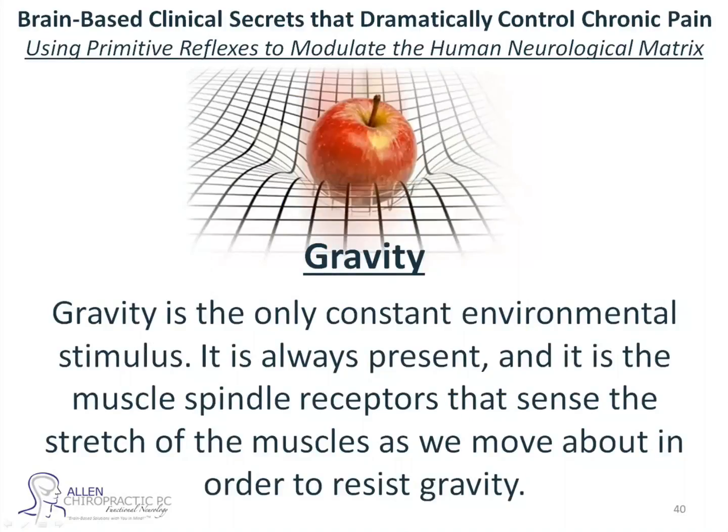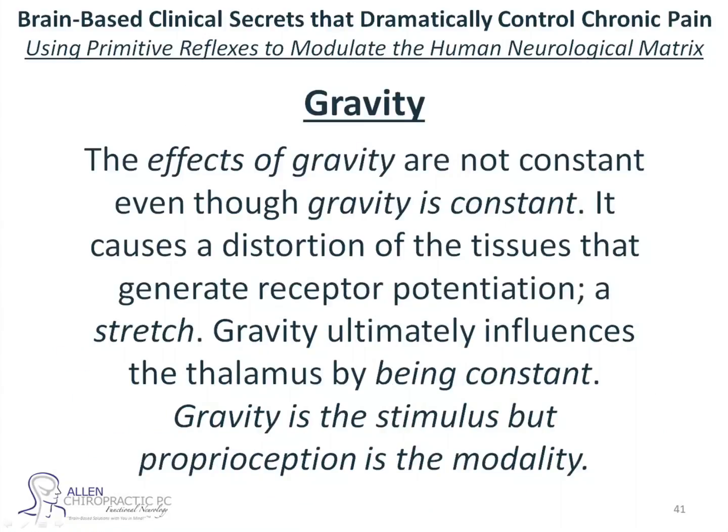But before we do, we have to talk about gravity, because gravity is the only constant environmental stimulus. It's always present, and it's perceived in muscle spindle fibers that sense stretch of the muscle as we move about in order to resist gravity. The effects of gravity are not constant, even though gravity is constant. It causes a distortion of the tissues that generate receptor potentiation or stretch.